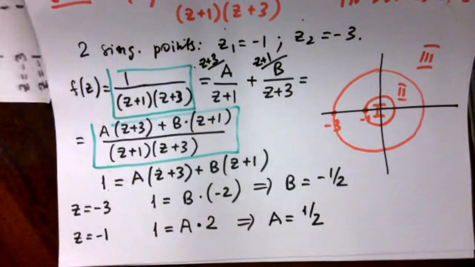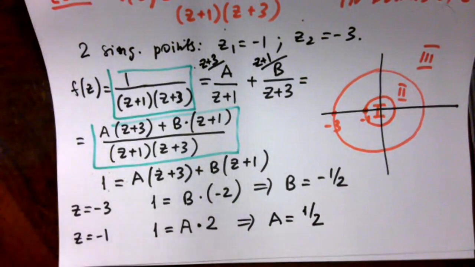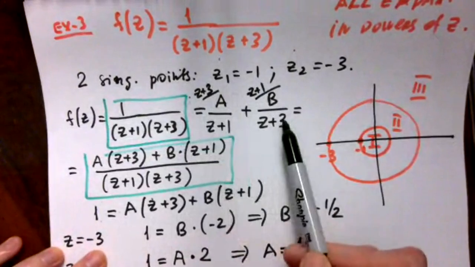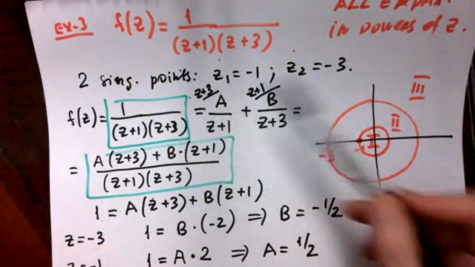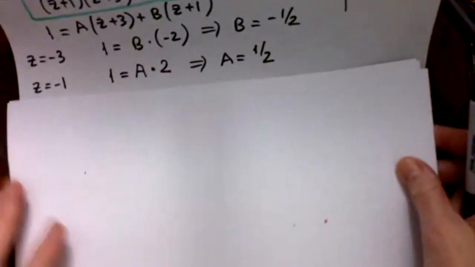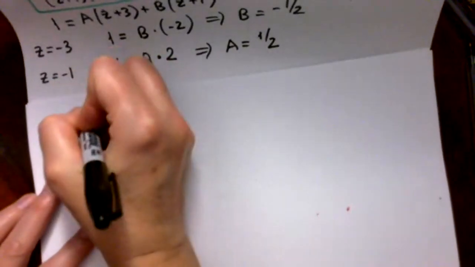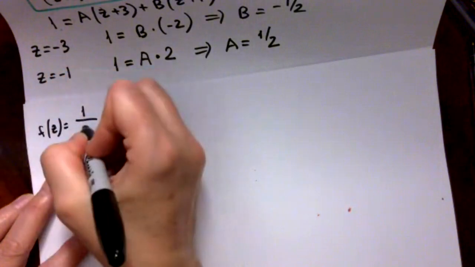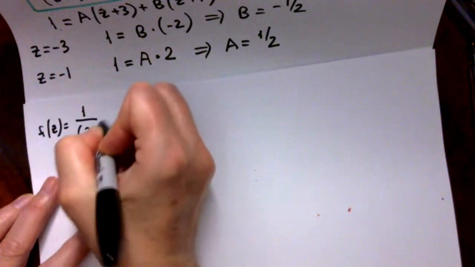So, as you can see, we can write our function finally. We decided to rewrite our function in this form, but now we know these letters a and b. So let's write down our beautiful result. Our function f of z is equal to this expression.